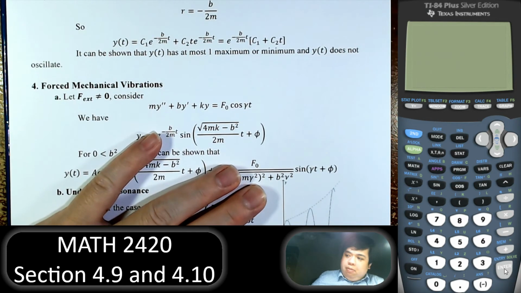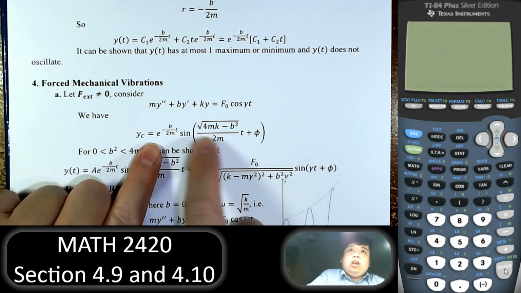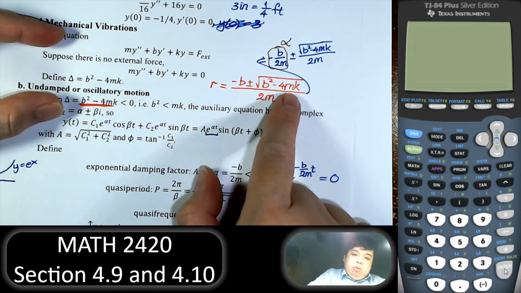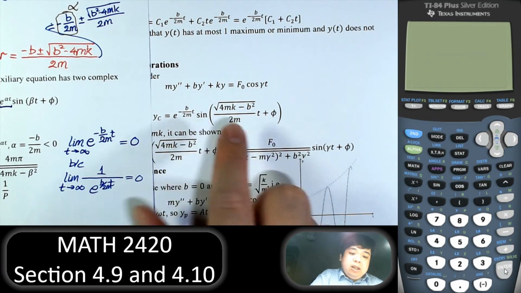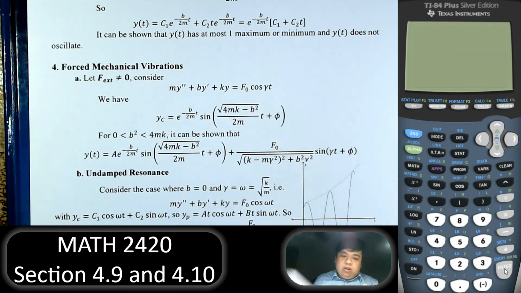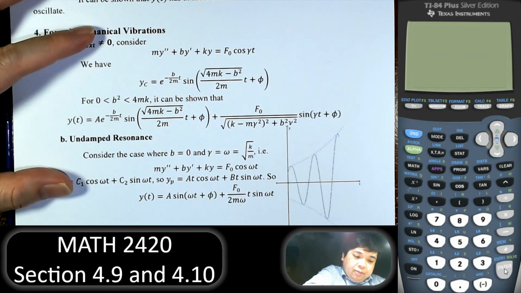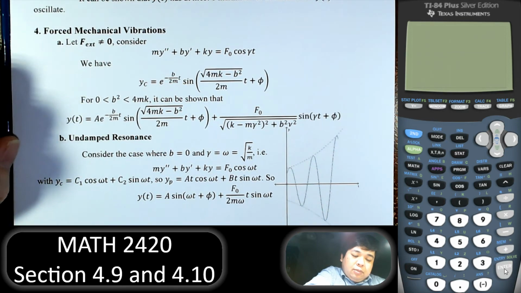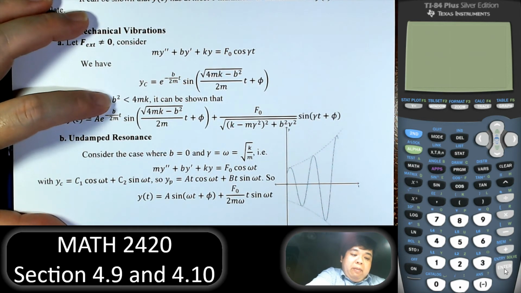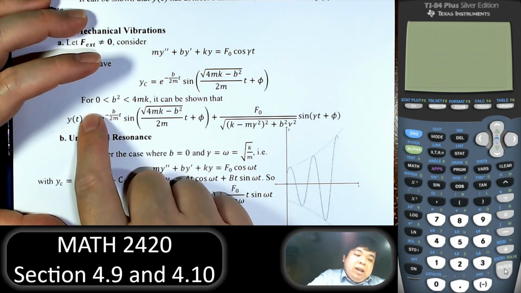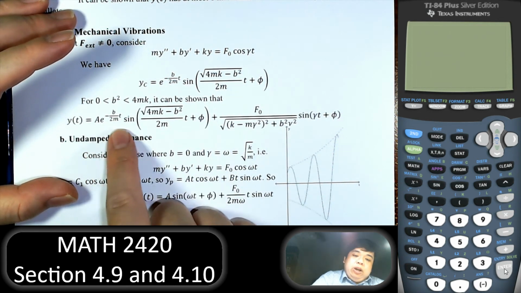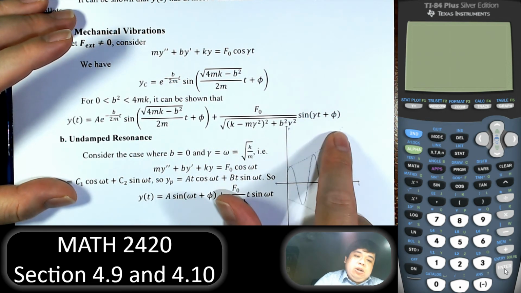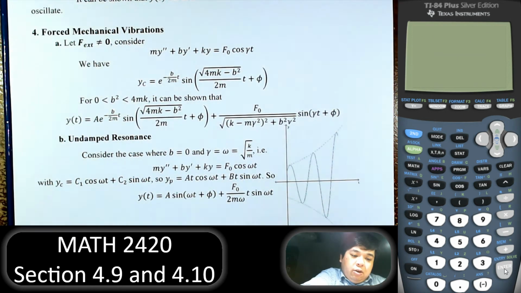It's not that bad because the real part and imaginary part, we still have the solution there. So the real part times t, the imaginary part going to sine, cosine, then we combine, we have this. And if b squared minus 4mk is positive, it can be shown that we can write this equation in this form.